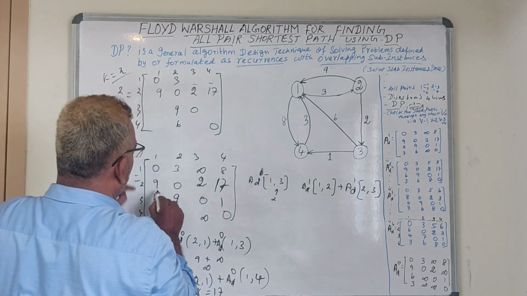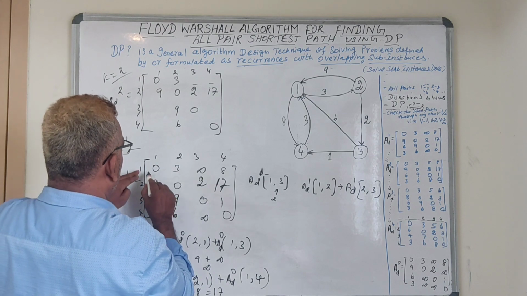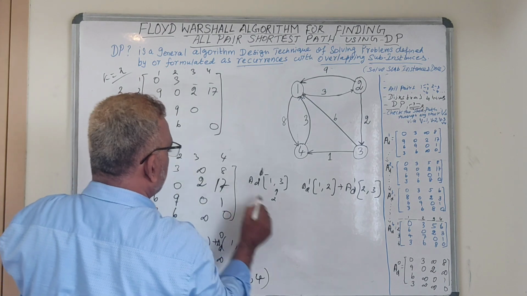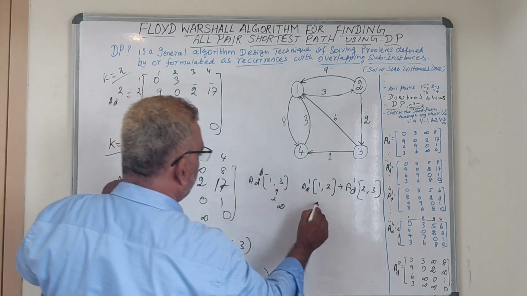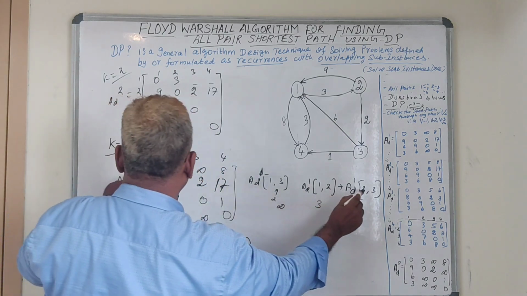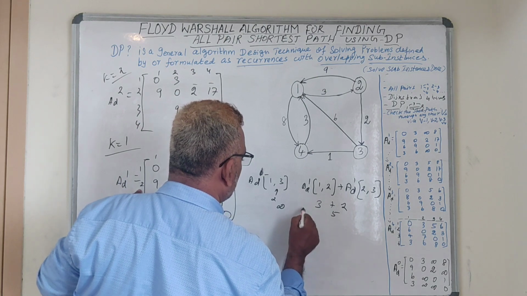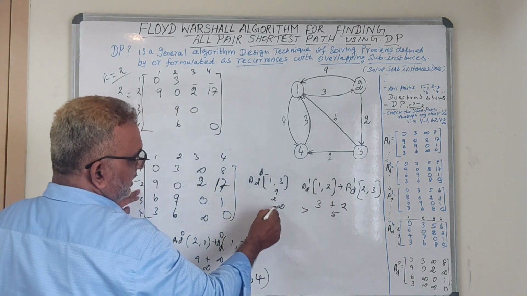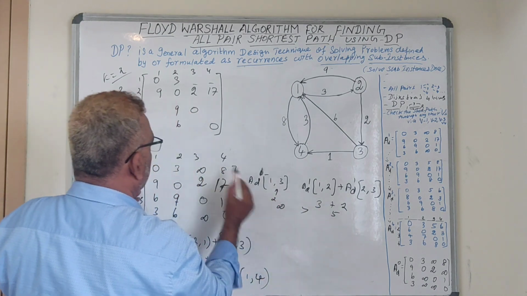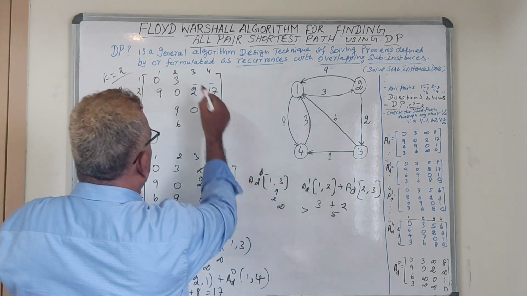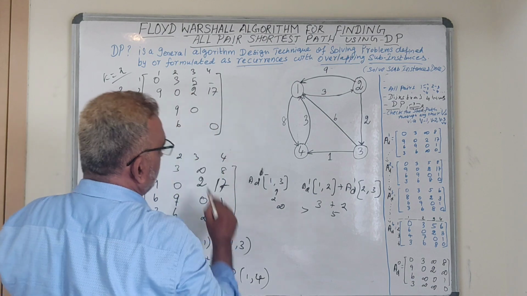Write down the values from AD1. 1,3 is nothing but infinity. Then 1,2 is 3, then 2,3 is nothing but 2. So it is 5. So 5 is lesser than infinity. The existing value, infinity, is greater than this 5. So now perform the relaxation: copy this value in the place of infinity. So instead of infinity, now we got the value 5.